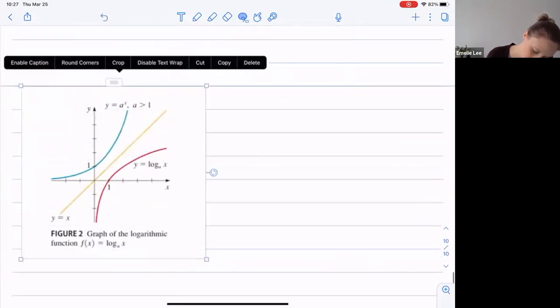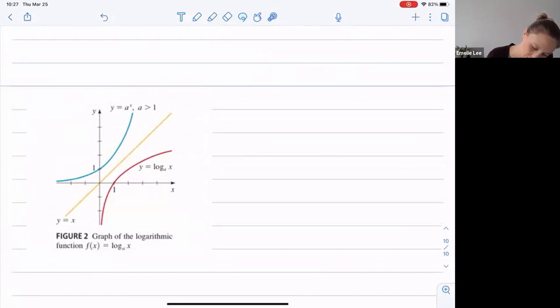So here we have an exponential function, and then the inverse is the logarithmic function. And what happens is we can have any value of x put in here from 0, but not including 0, and then up to positive infinity.